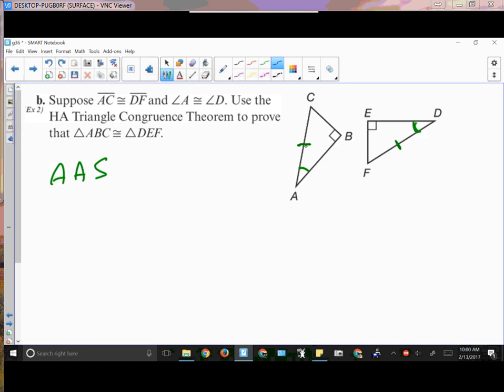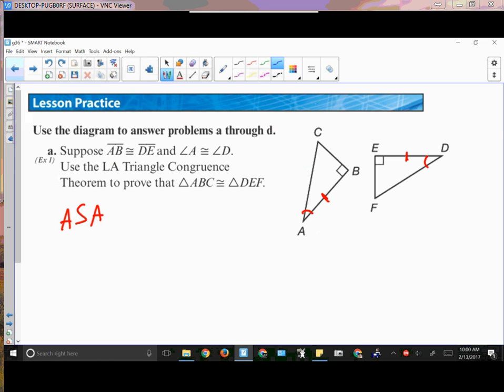But if I identified this as side, angle, angle, I can reverse it and I get the exact same thing. It doesn't matter whether you go clockwise or counterclockwise. When you do it in the order, you must make sure that everything fits. So if I look at this one, angle, side, angle, it doesn't matter if it goes forward or backwards. It still is true. Okay?